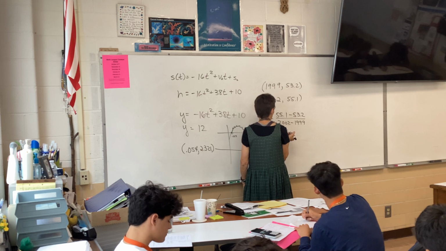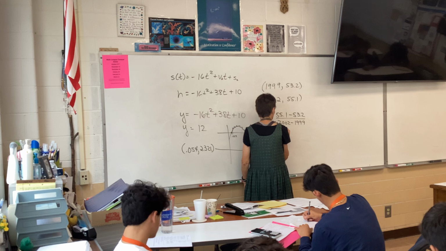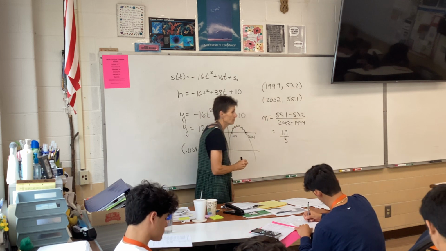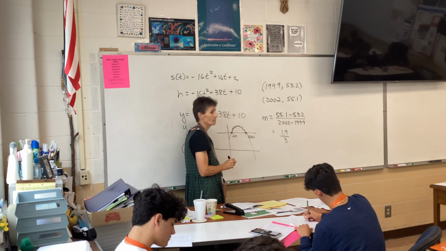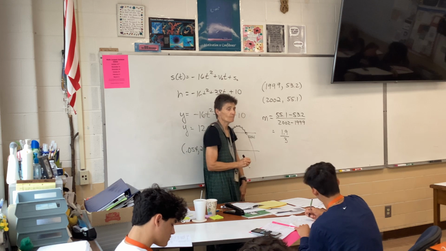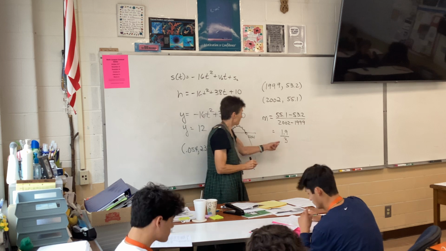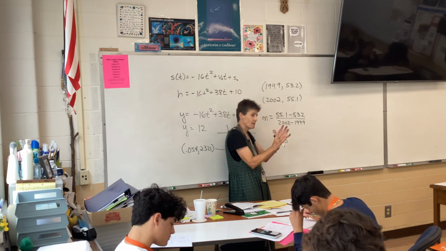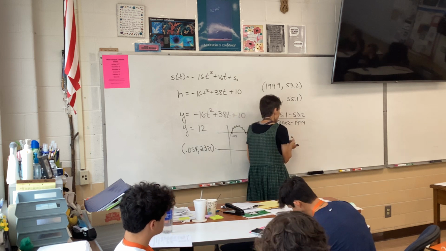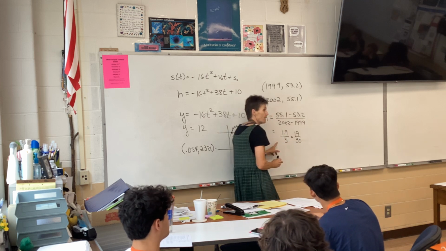So, what is that? 1.9 over 3. Okay, now listen. We don't like fractions and decimals mixed, like we have a decimal inside a fraction. So the easiest thing to do is multiply the top and the bottom by 10.